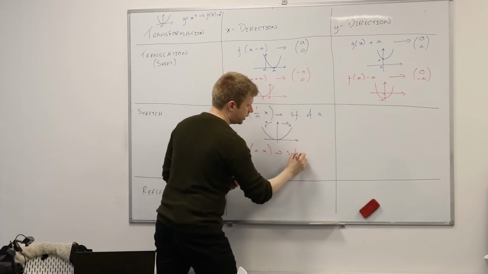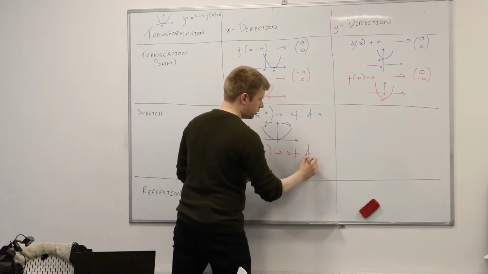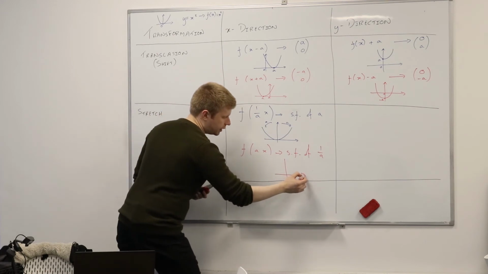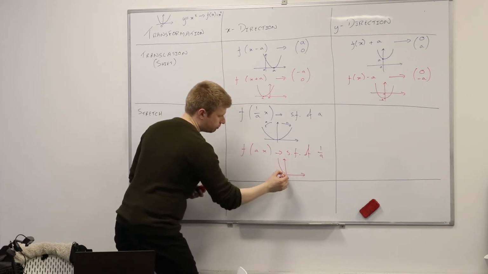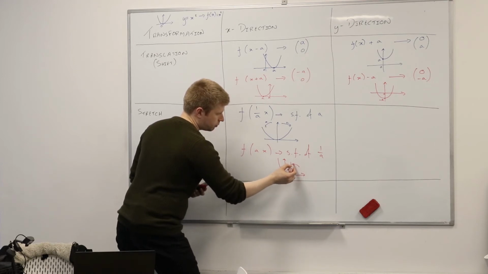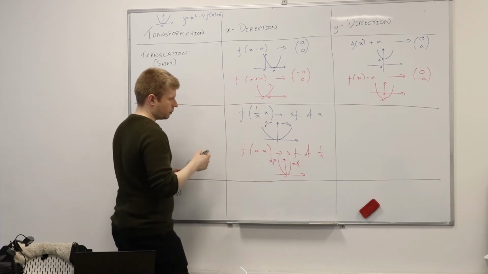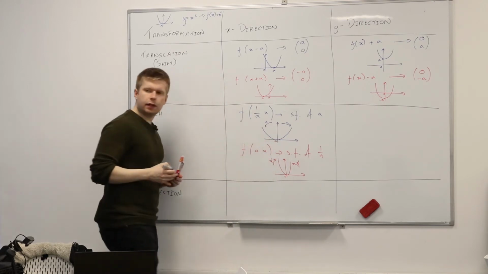That would be a stretch in the x direction by a scale factor of 1 over a. So in other words, it's a little bit squashed inwards. Okay, so that's happening in the x direction.